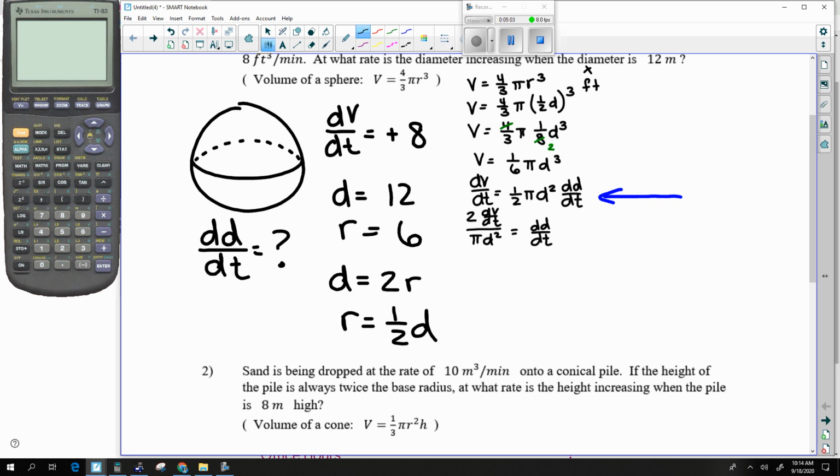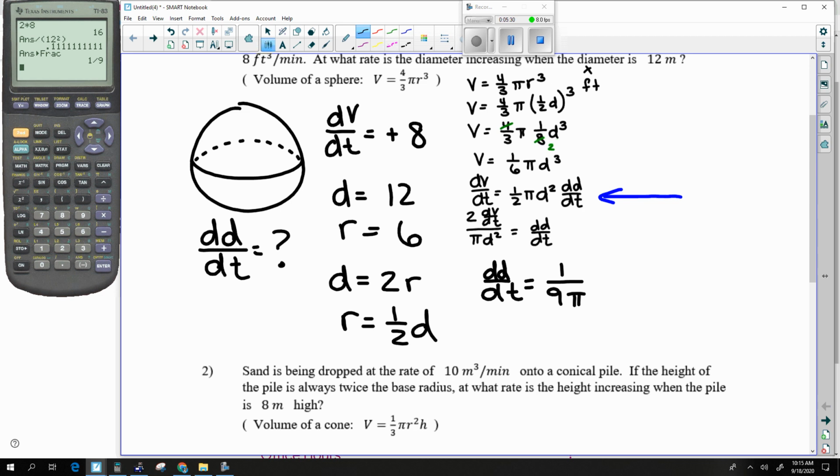All right. So this is 2 times the dV divided by diameter squared. So that's 12 squared. So this is equal to 1/9 pi.